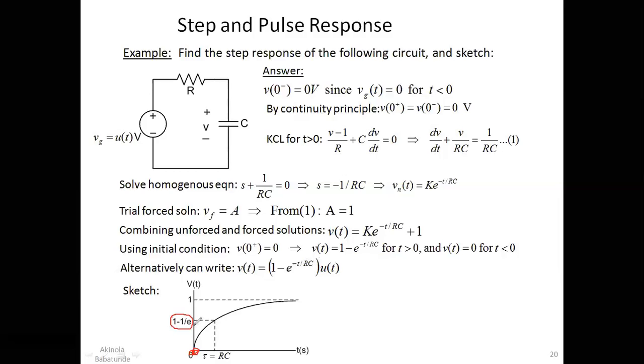Because you can replace this rc here with just tau, when t is tau, or rc, it simply means that v of t will be 1 minus 1 over exponential, which is just 1 minus e raised to the power minus 1. Then you can keep going, finding the values of v of t for different values of t.